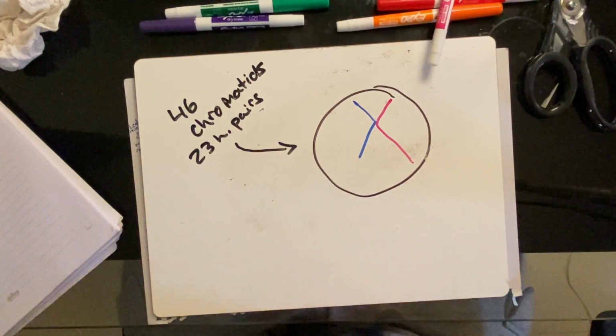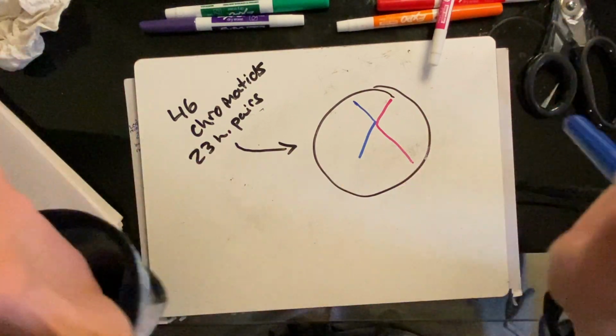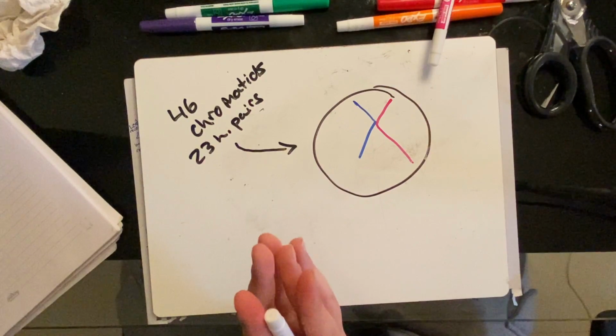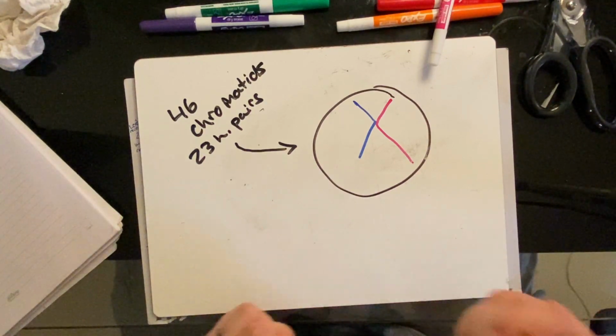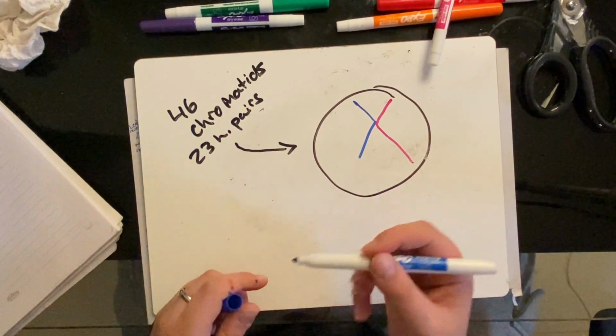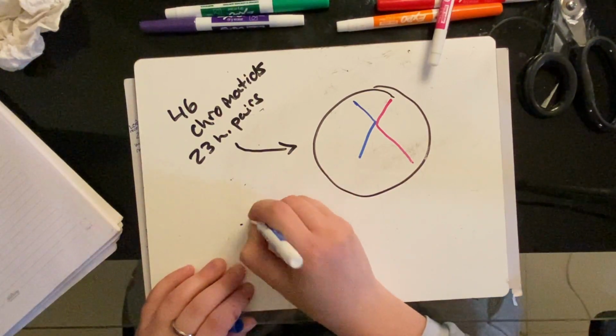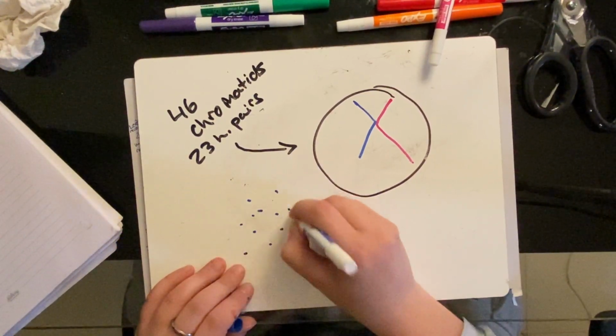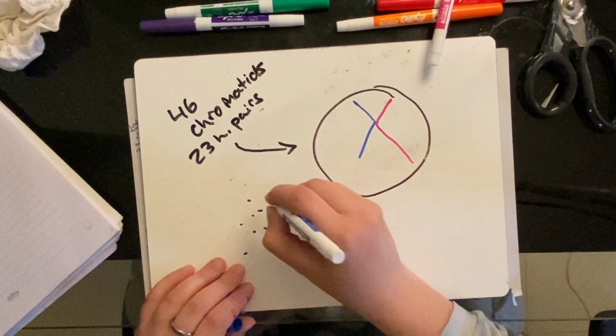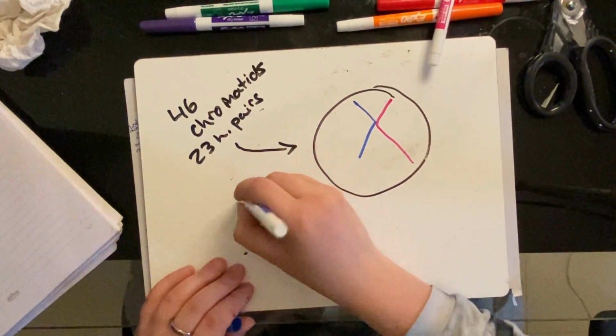Now, when we talk about homologous chromosomes, we are talking about the set of all the inherited chromosomes from one parent. So in humans, that will be 23. You could imagine these dots are chromosomes: 1, 2, 3, 4, 5, 6, 7, 8, 9, 10, 11, 12, 13, 14, 15, 16, 17, 18, 19, 20, 21, 22, 23.